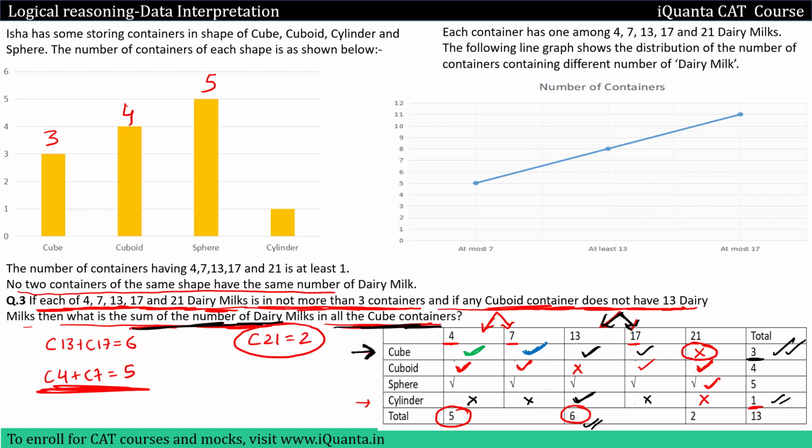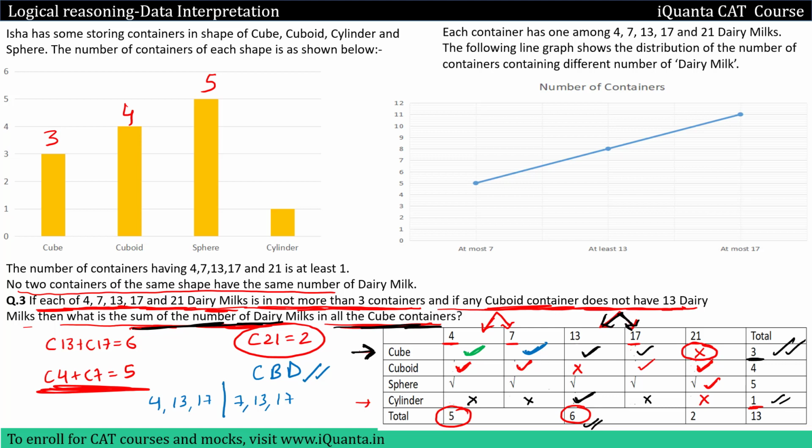So there are 2 possible cases. That means the 3 cube containers can have 4, 13, 17 chocolates, or the 3 cube containers can have 7, 13 and 17 chocolates. So there are 2 sums possible. That means there are 2 answers. Hence we cannot determine the correct answer over here. It will be CVD, cannot be determined.